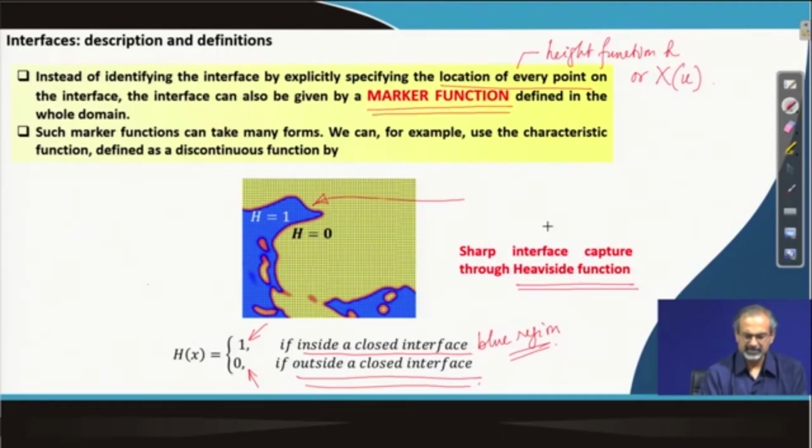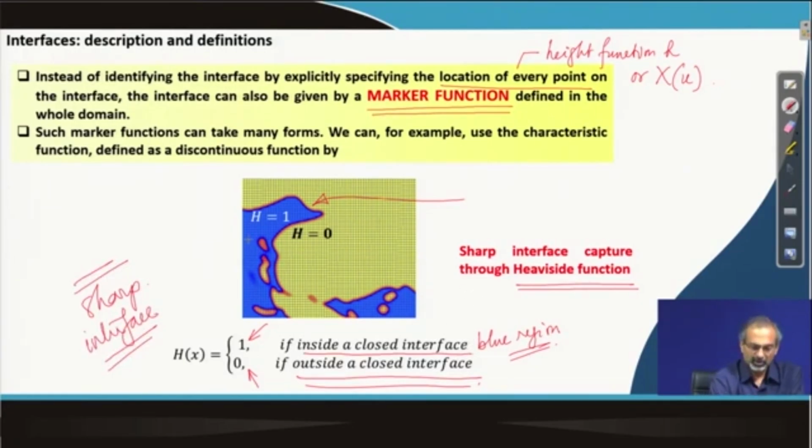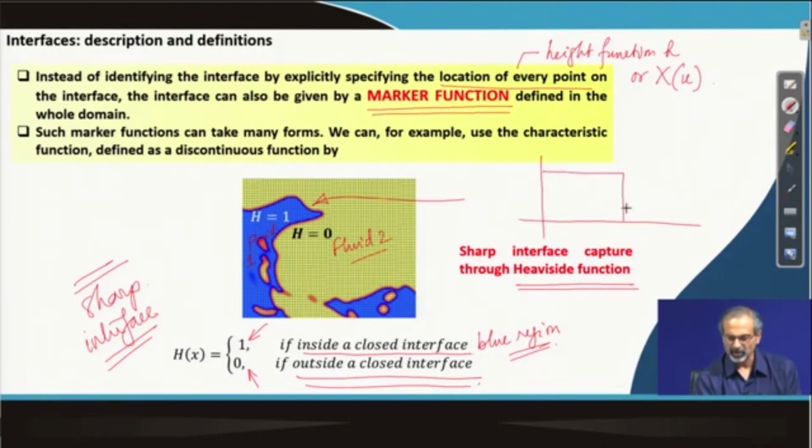So, in this mathematical sense, it is what is called a sharp interface. That means, there is a step jump in the value of H as we move from the phase. If I call this fluid 1, then as I move from fluid 1 to fluid 2, there will be a step jump in the value of H. If I look at it in a cross sectional sense, it will look like this.